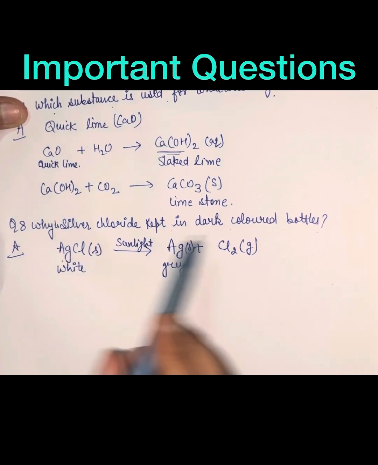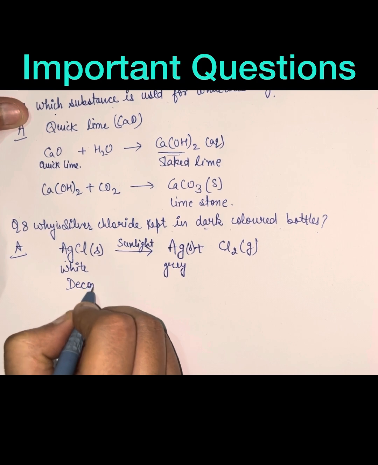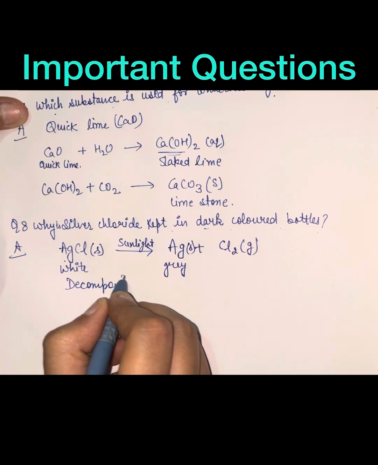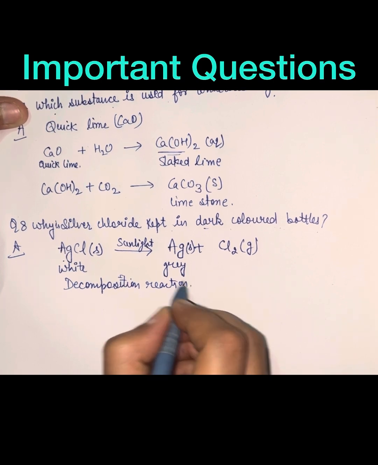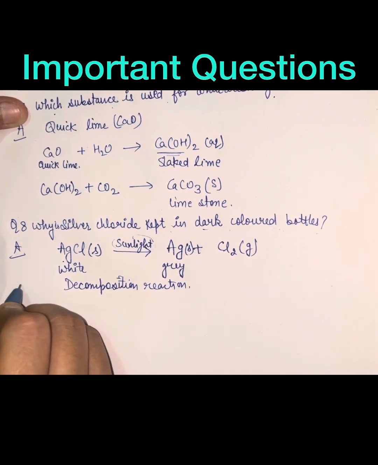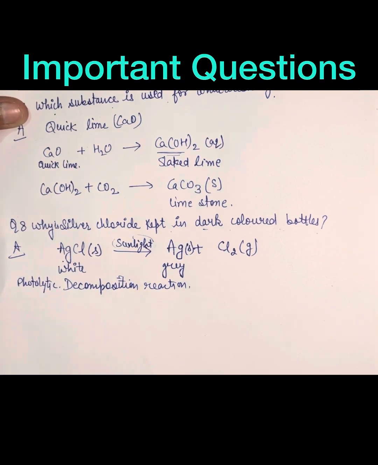So it should be kept in a dark colored bottle, otherwise it will decompose. This is a decomposition reaction. And children, this is happening in the presence of light, that's why it will be a photolytic decomposition reaction.